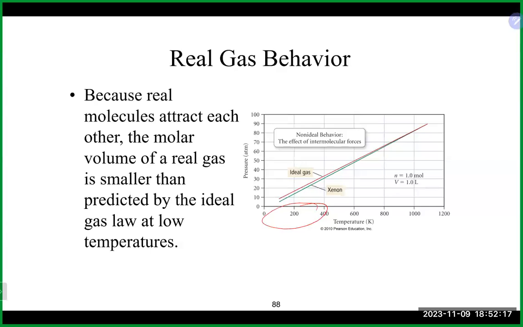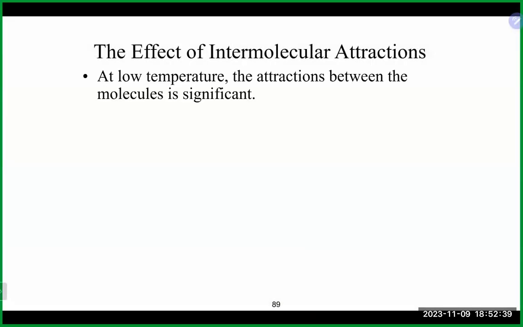So as we drop those temperatures down, as we talked about, we're now going to have these gas molecules moving much slower. So again, they're going to be interacting with each other because they're just going to be by each other for a much longer period of time. So we're going to start to get some interaction between the different gas molecules, and that's going to affect the pressure that we see.